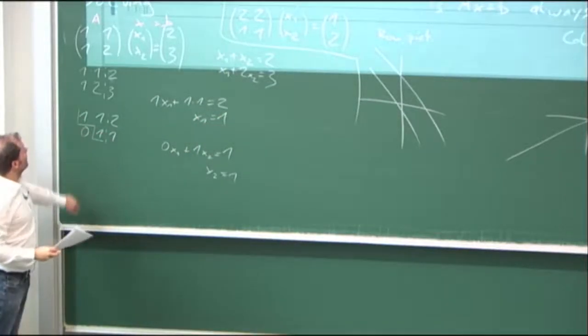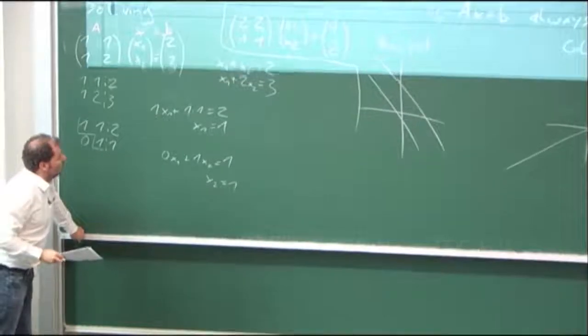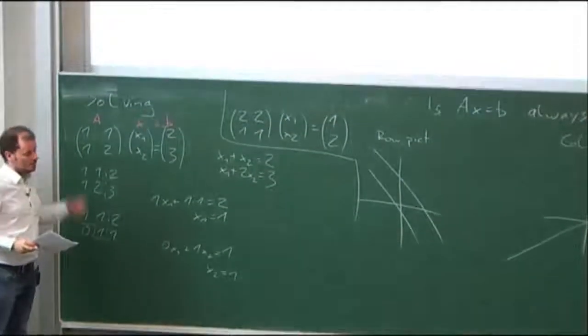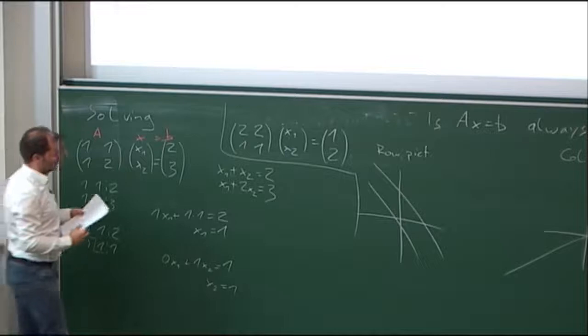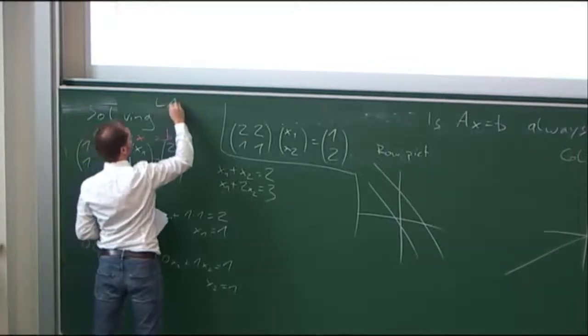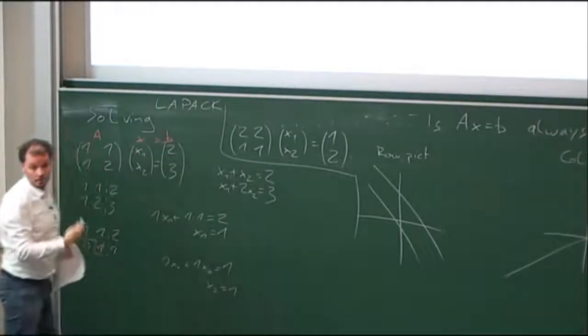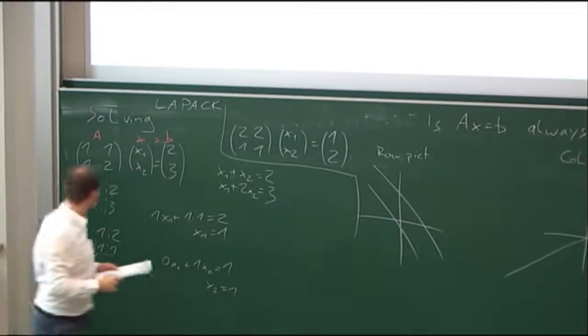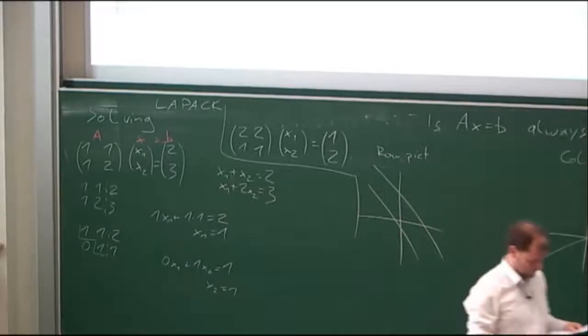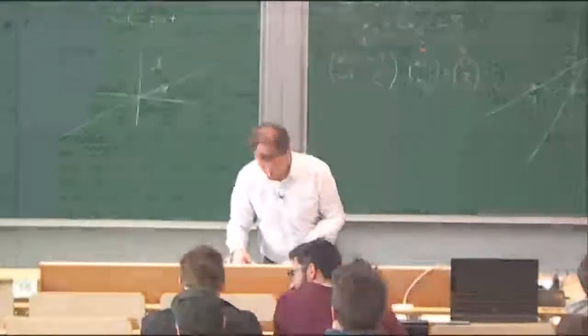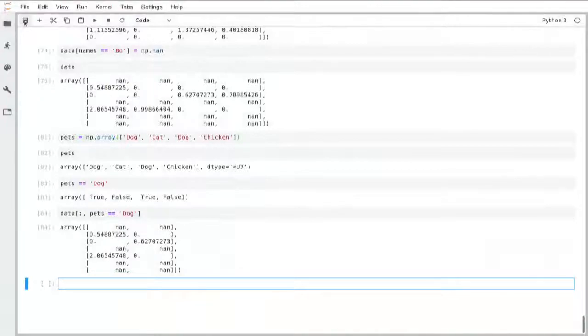And this is actually the algorithm that's also implemented in Python. Well, it's not implemented in Python, it's implemented in a software called LAPACK, and NumPy uses LAPACK to do these kinds of calculations. If we want to do that in Python, it's actually very easy.